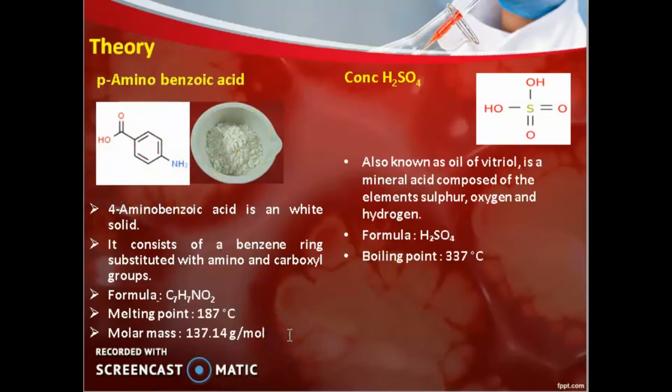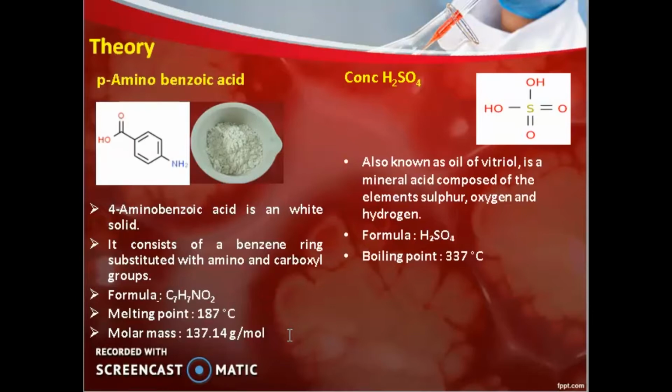The molecular formula of para-aminobenzoic acid is C7H7NO2. Melting point 187 degrees Celsius and molecular weight is 137.14 gram per mole.